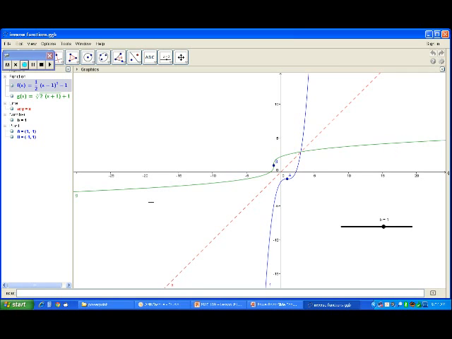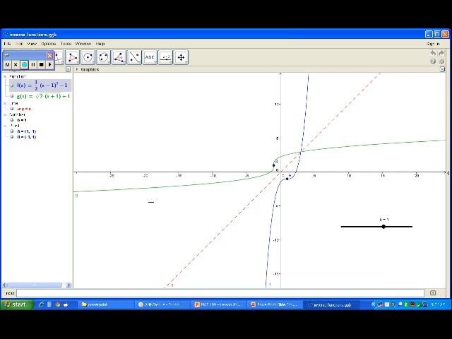That's this green line. And a point I want to make here that I didn't talk much about, but is important. This red dashed line, that's the function y equals x. Or in other words, it's a straight diagonal line with a slope of 1. All inverse functions are symmetric about that line.